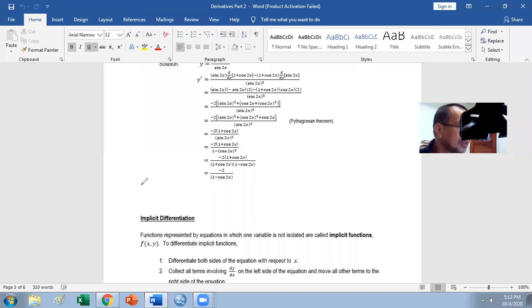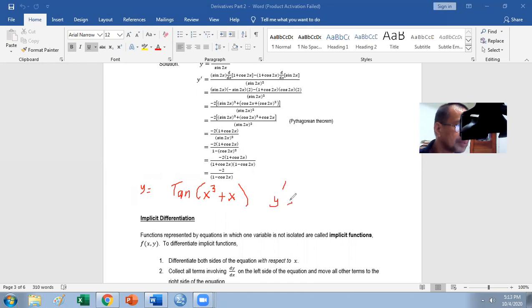So, let's have y equals tangent of, let's say, x cubed plus x. All right, what will be your y prime here?